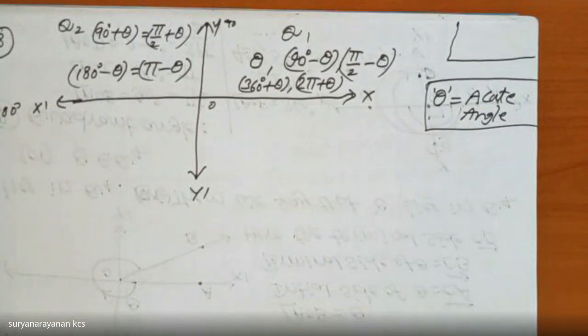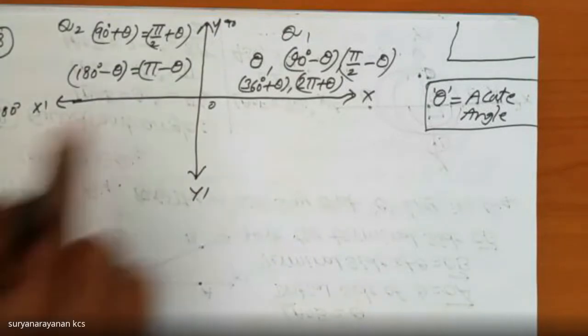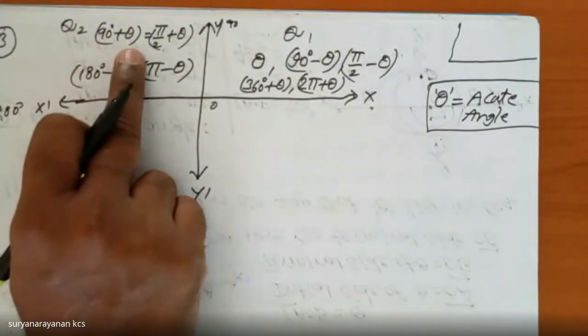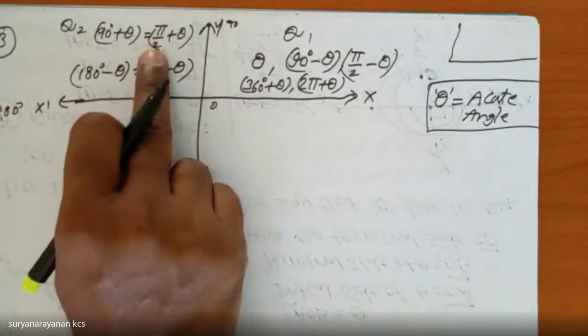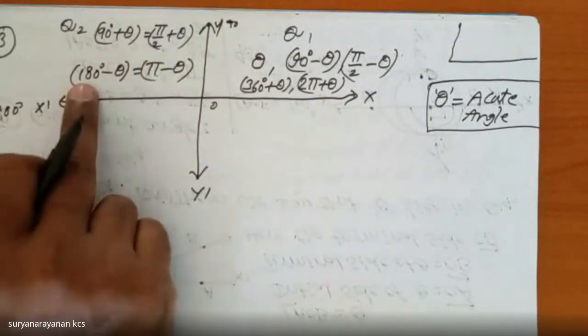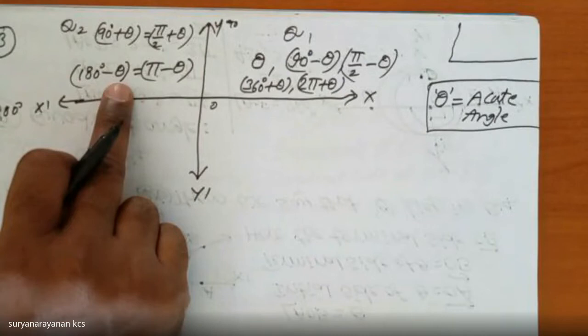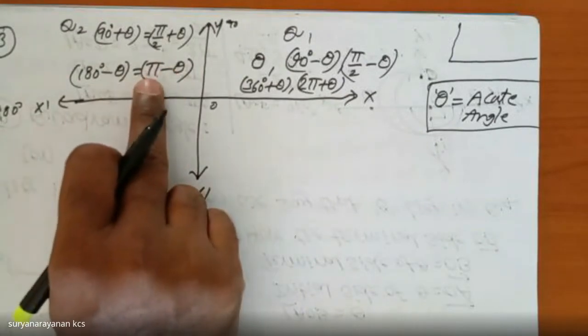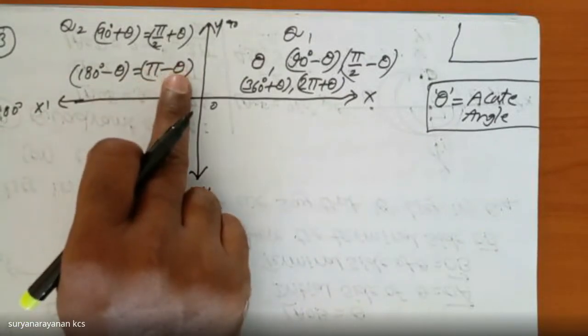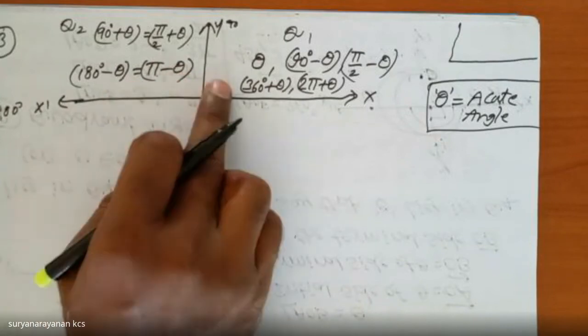You have to identify the position of the angle, meaning the position of the terminal side. 90 plus theta lies in the second quadrant, pi by 2 plus theta lies in the second quadrant, 180 minus theta lies in the second quadrant, pi minus theta lies in the second quadrant. Tomorrow I will ask you, my children, listen carefully.